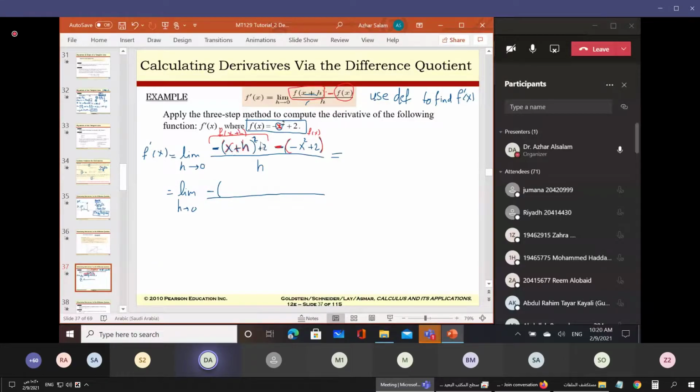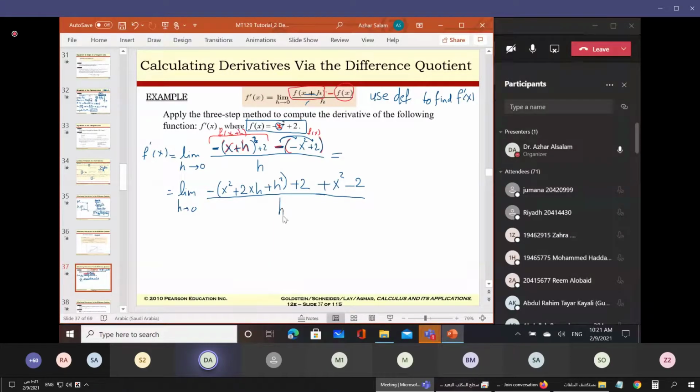Now I take the square of this value, it will be x squared plus 2xh plus h squared, this is how to write the square of the sum, plus 2. Minus, now I will take this minus and distribute it inside these brackets. So minus x squared becomes plus x squared minus 2. I just distribute the negative sign inside the brackets. There's no other simplification inside it.